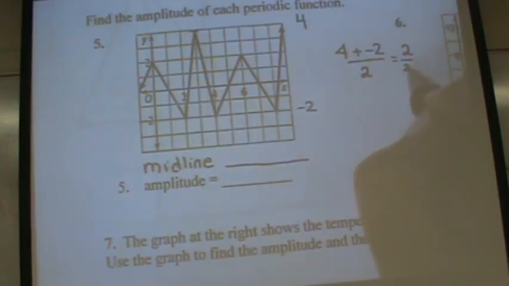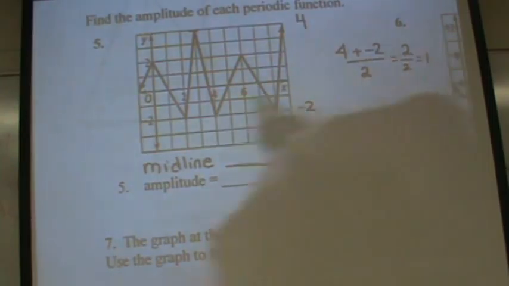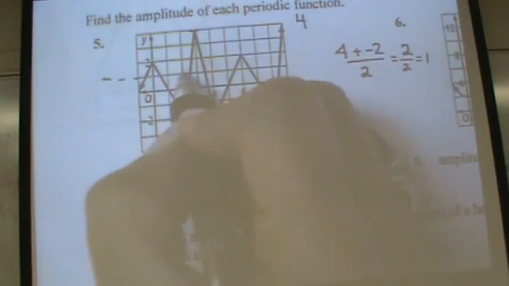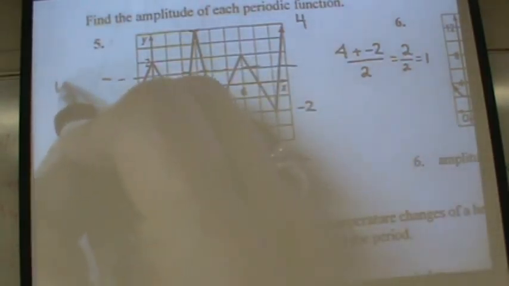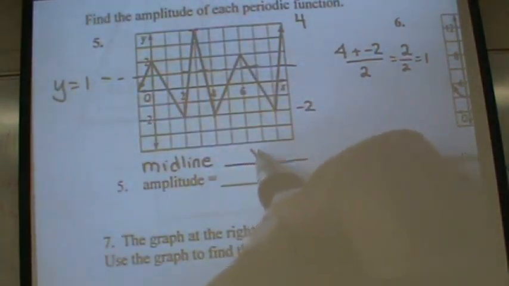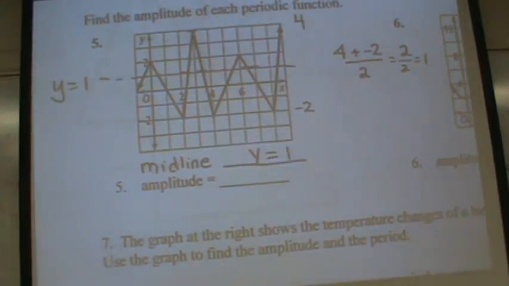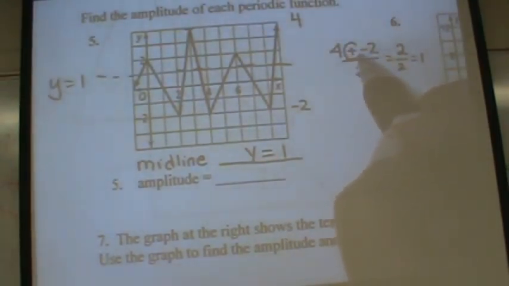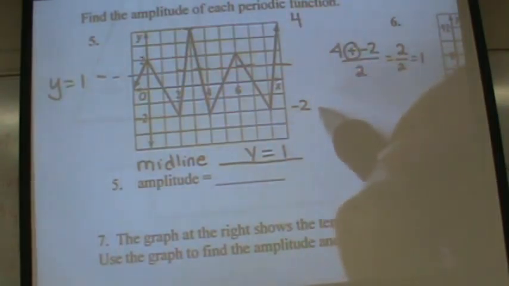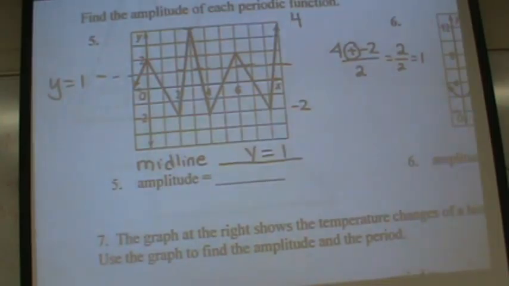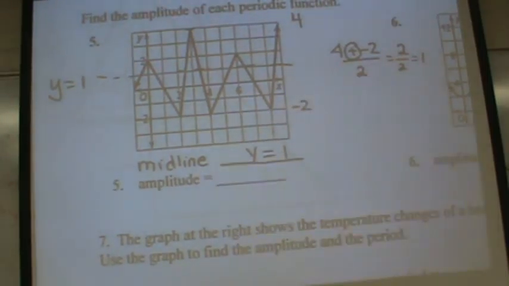So y equals 1 is your midline. If you add the highest and the lowest and divide by 2, think of average, that's your midline.